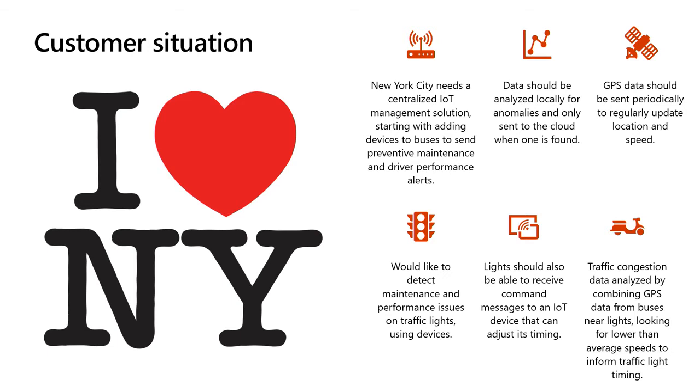That's a requirement, so on-demand analysis. And of course, you have to rely on GPS to pull the location data. To determine the speed and the location of the buses, they want to periodically send the GPS data.